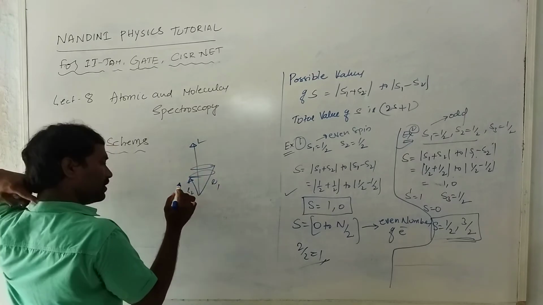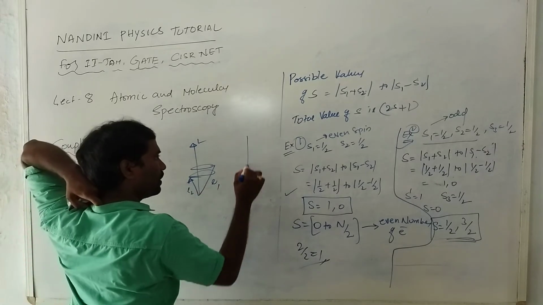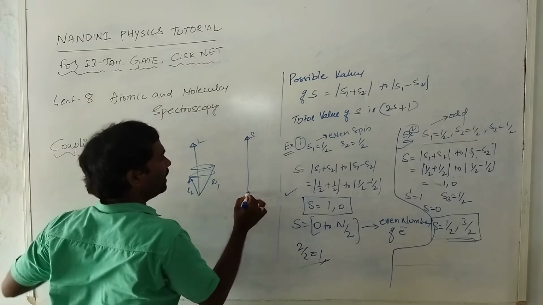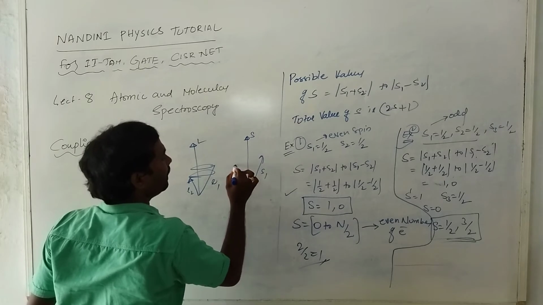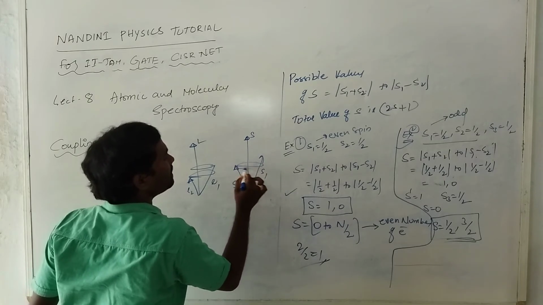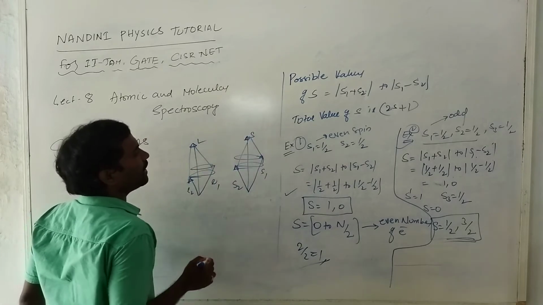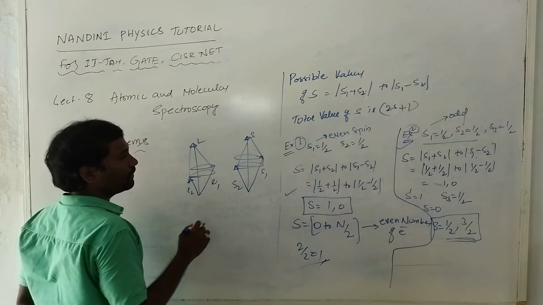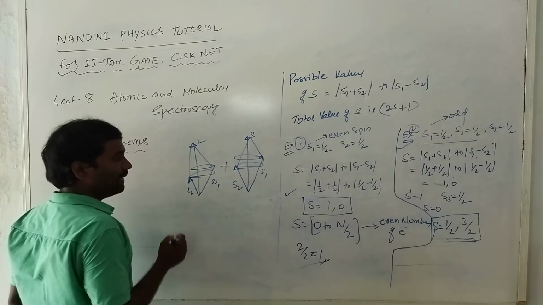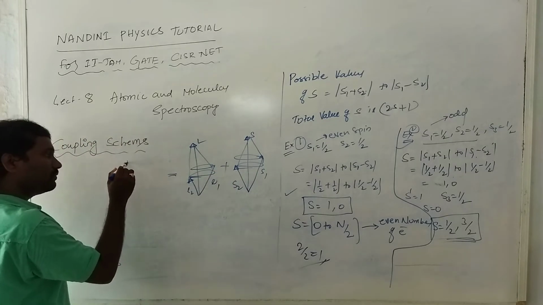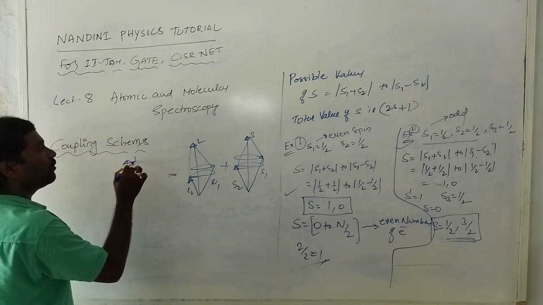Similarly, there is the spin angular momentum S, and individually S1 and S2. These precess about their principal axis and finally combine to give the total spin angular momentum. These two are added to form the total angular momentum J.